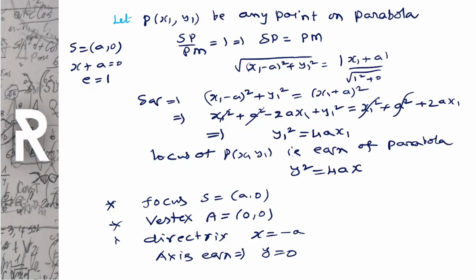These are the points. Now why is the diagram of the parabola like that? I will discuss the nature of the curve. For y² = 4ax, a should be positive.